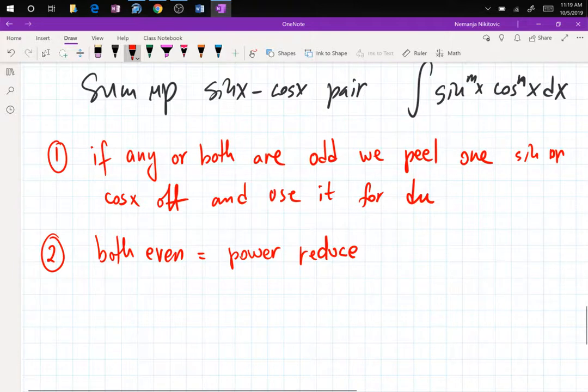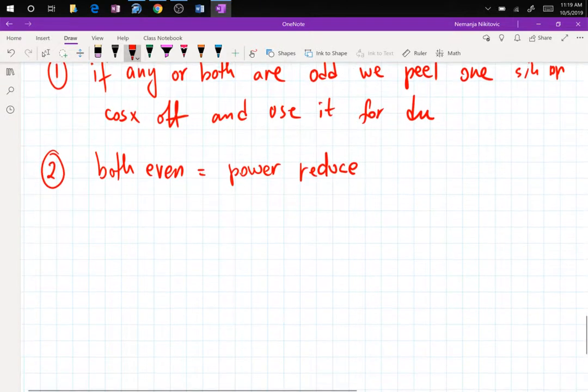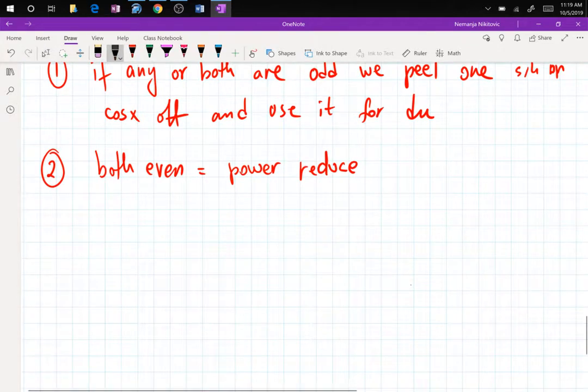If you should really try a problem that has a 4 and a 2 in it, it should take you some time, because you see that I had to power reduce 3 times for 2 and 2, and I promised you that that's the cheapest possible case you can have, right? So with higher exponents, you will have to power reduce more.